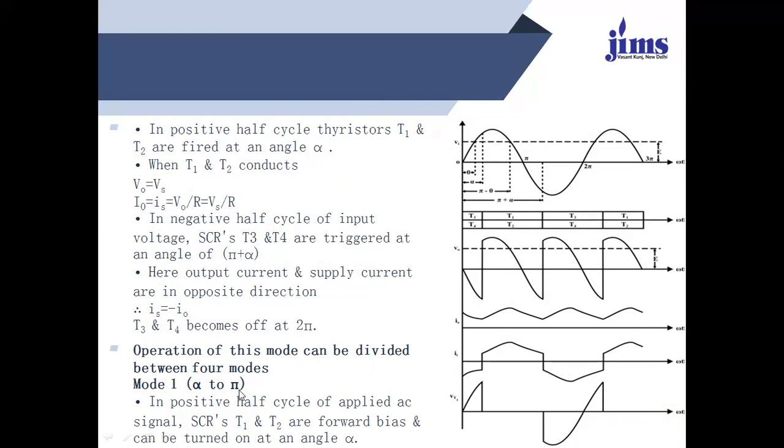Mode 1, alpha to pi, in the positive half cycle of the applied AC signal. SCRs T1 and T2 are forward biased and can be turned on at an angle alpha. So you are finding that this will be the AC signal given at the input side, and T3 and T4 are conducting up to this point, and T1 and T2 are conducting on this side, and again T3 and T4.